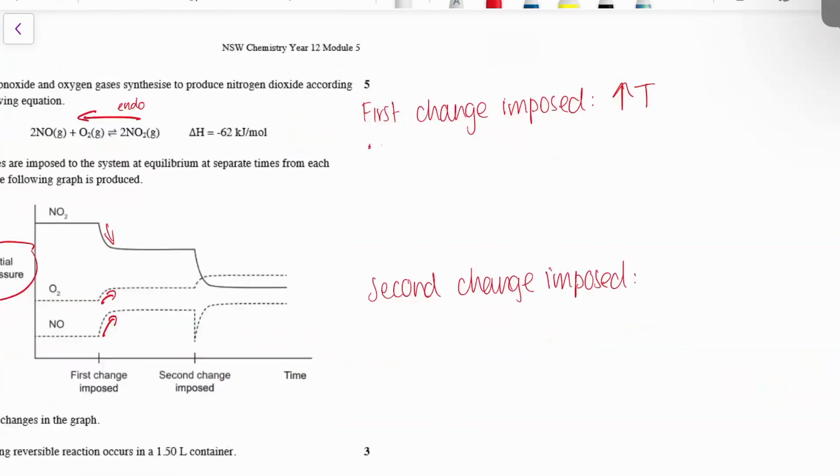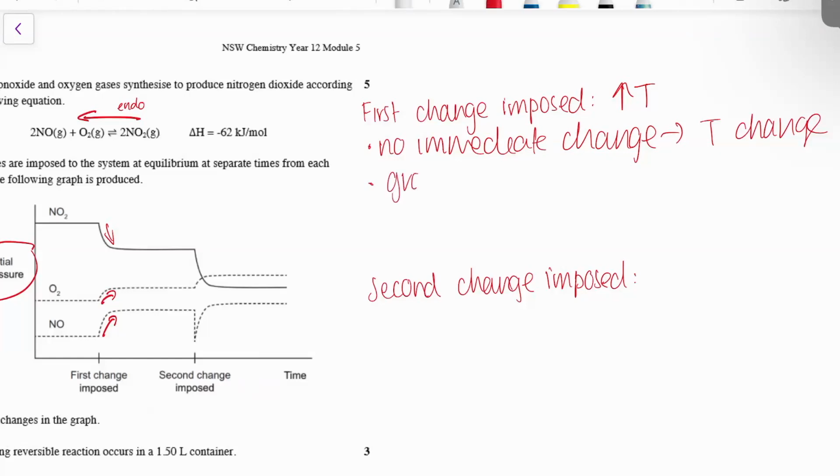So we'll tell the marker no immediate change, which indicates a temperature change. And then we want to talk about the direction over time. So let's go gradual change using our terminology.